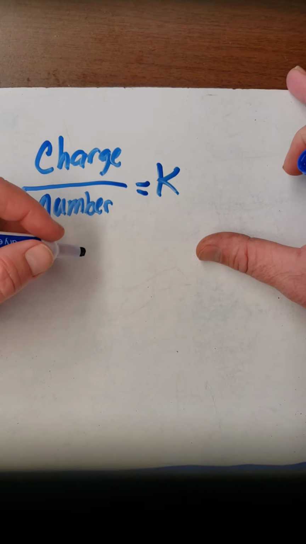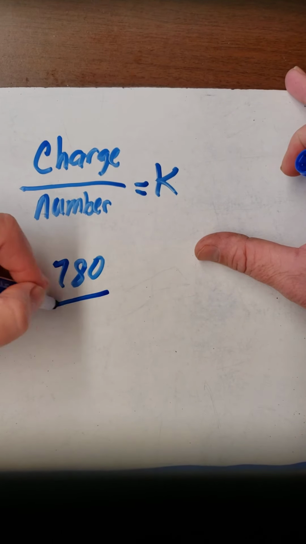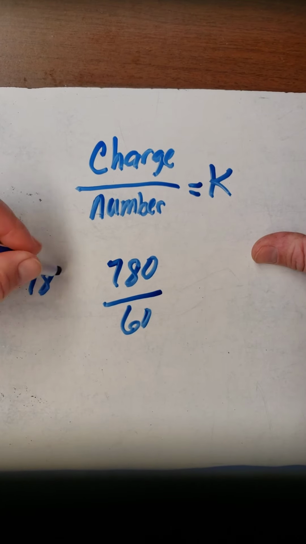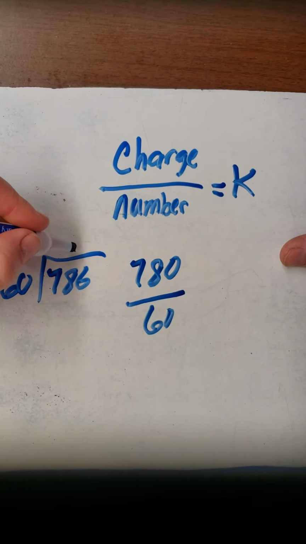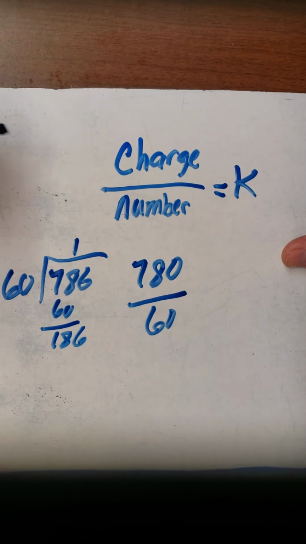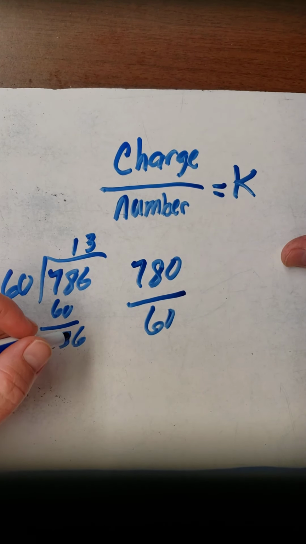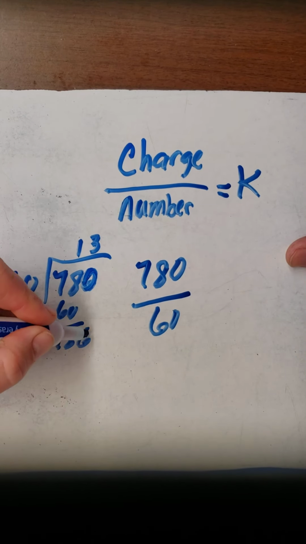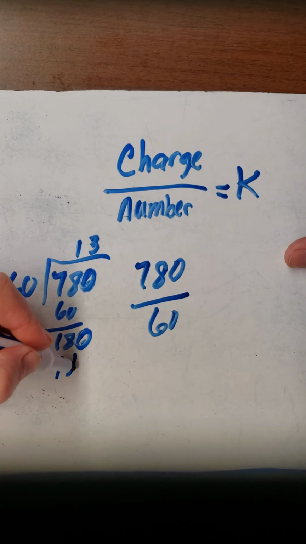So if she charges $780 for 60 people, we simply go 780 divided by 60. That's 13. Whoops, that's 780, not 786.